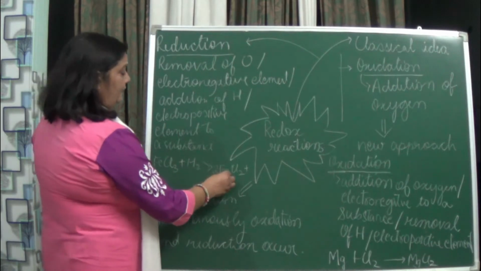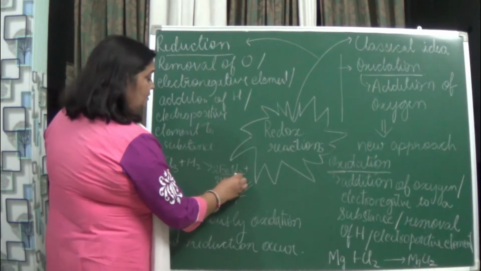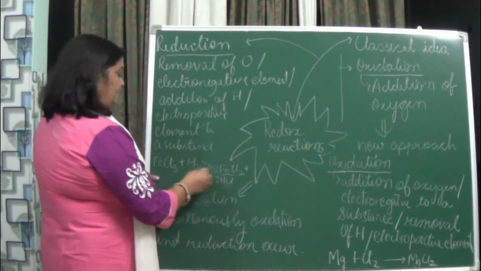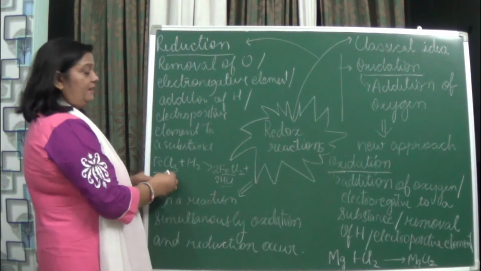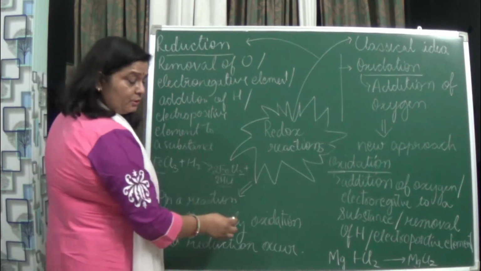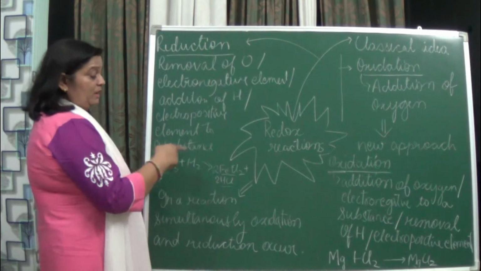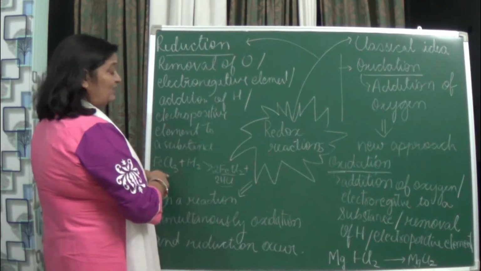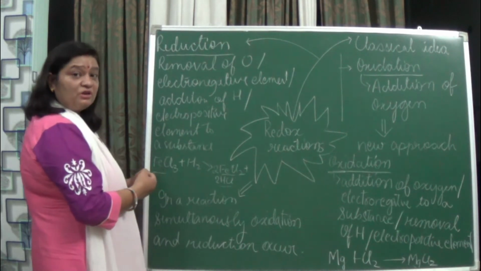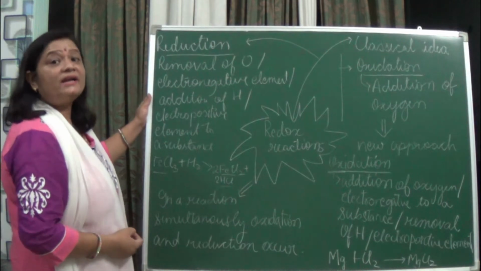We are getting FeCl2 and HCl. Initially we had FeCl3 and now we are getting FeCl2. So one chlorine is being removed, one electronegative element is being removed, so it is reduction.